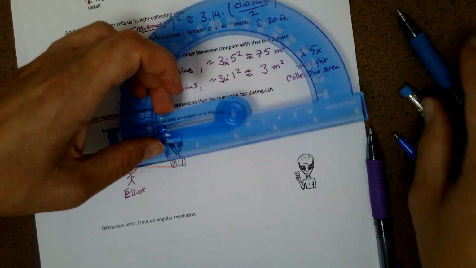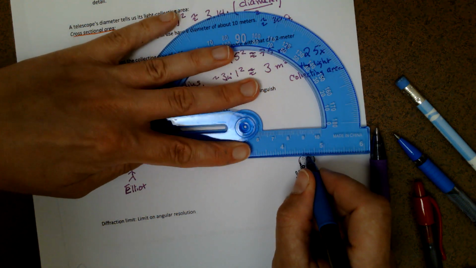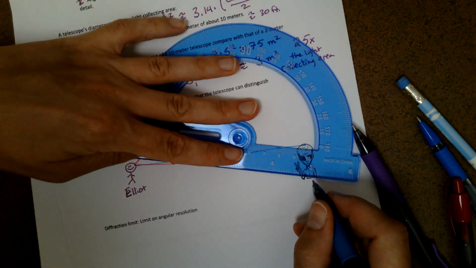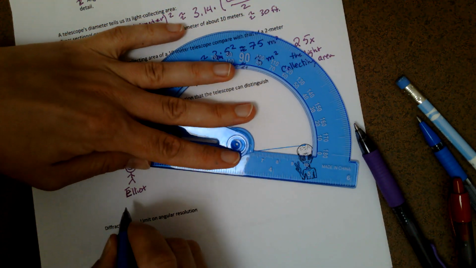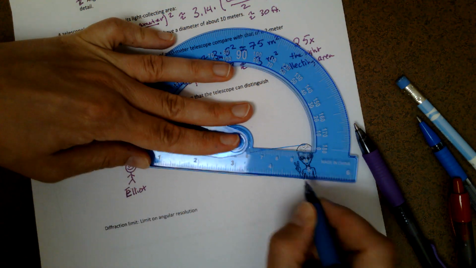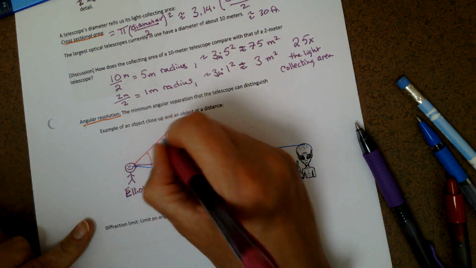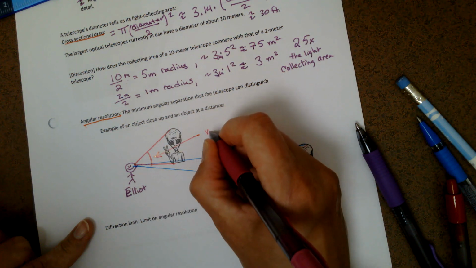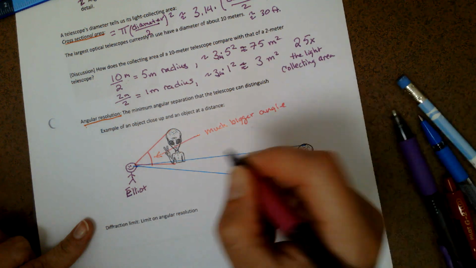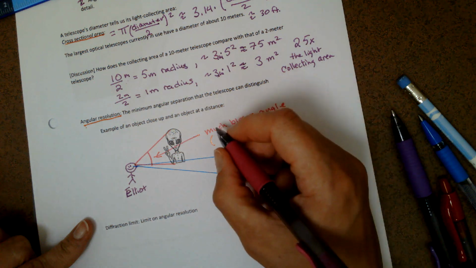Whereas for this alien way over here, your book has the same image for a car. I think this is much more fun than a car. It's an alien. And we can see that this is a much bigger angle. In other words, angular separation.